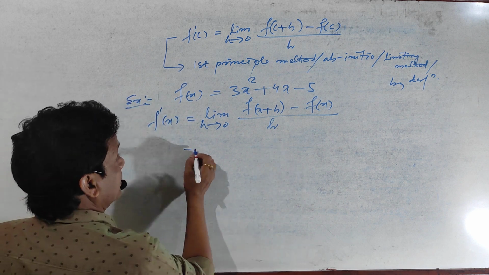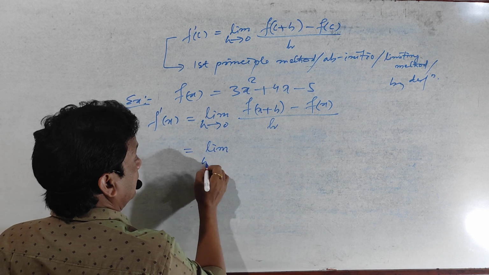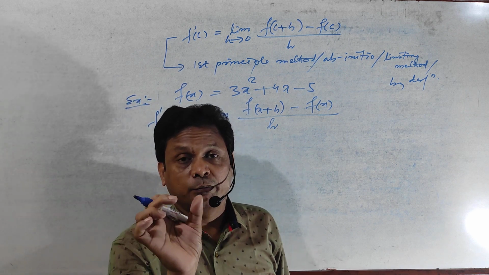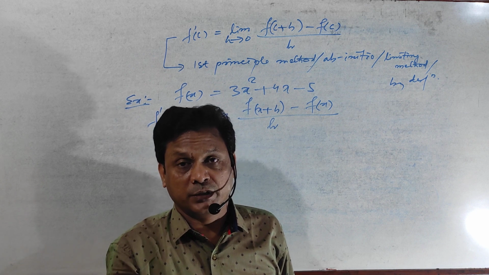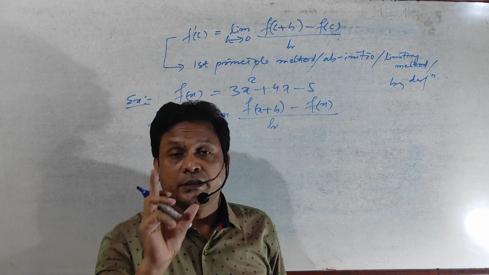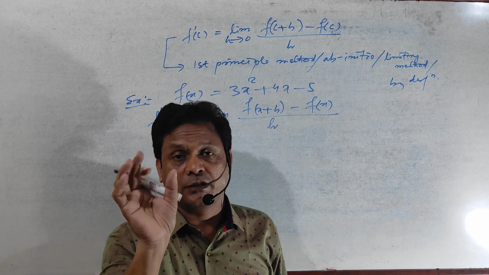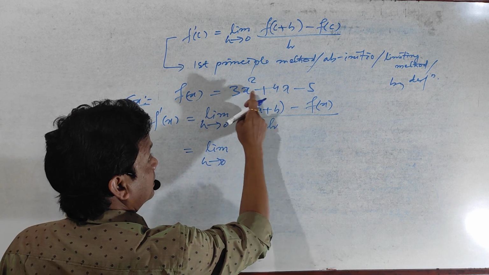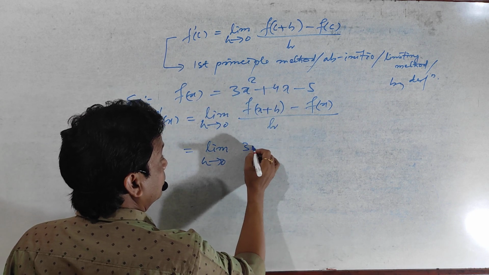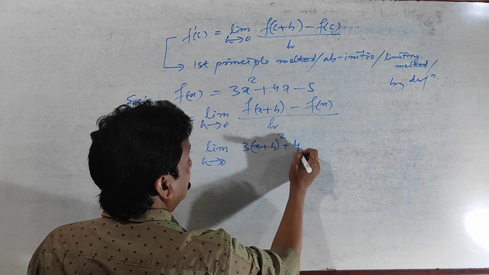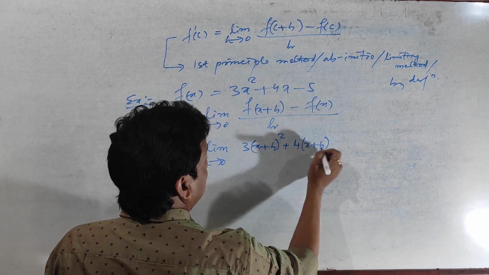Clear? See here, limit h tends to 0. What I have told you? While writing f of x plus h, simply write x plus h in place of x. So in place of x I am writing x plus h, here also x plus h. 3 into x plus h whole square plus 4 into x plus h minus 5.